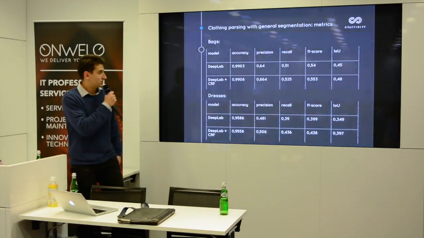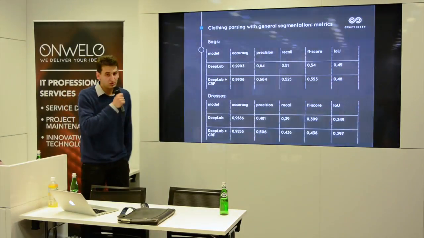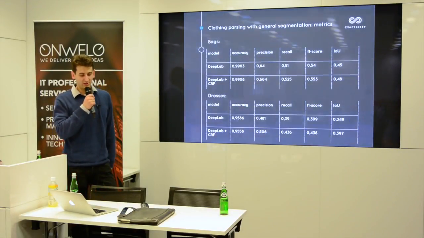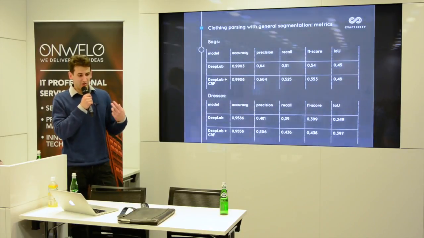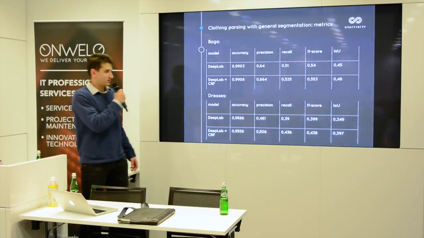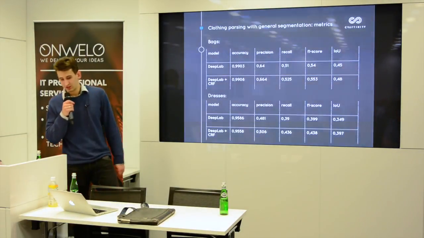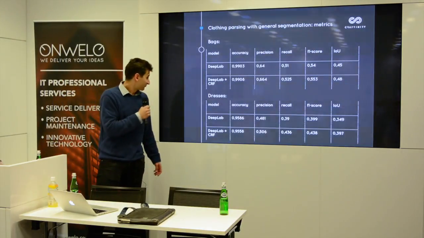And when it comes to intersection over union, it's just the number which gives us information how much the 2 masks overlap. So it's bounded by 0 and 1. So 1 is a good result, 0 not.